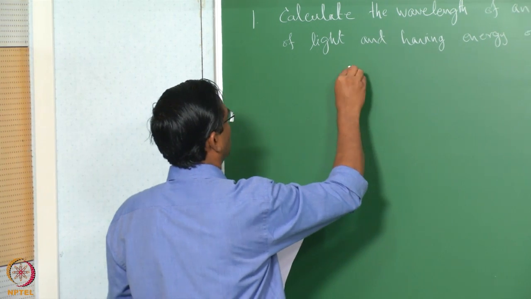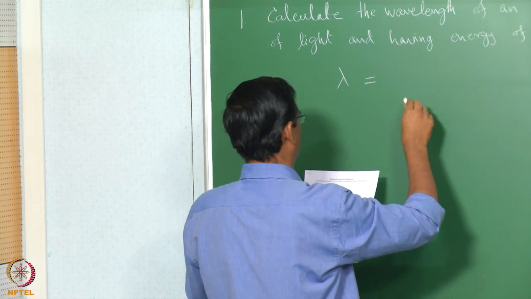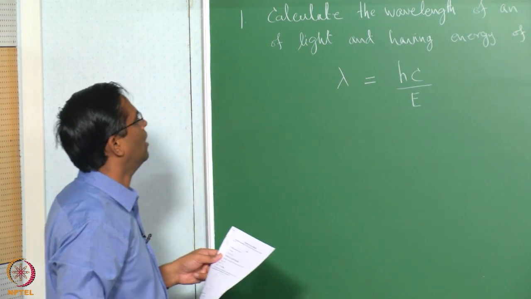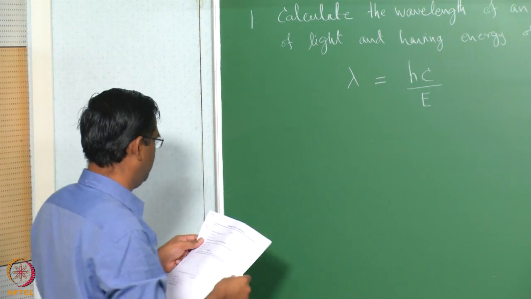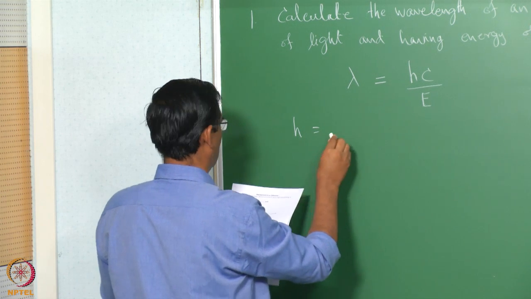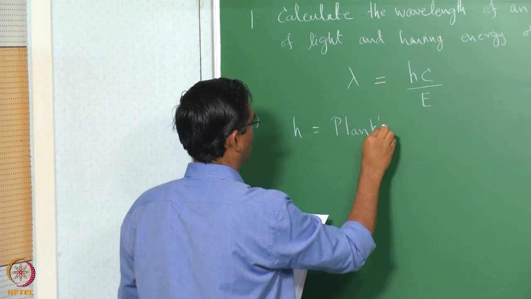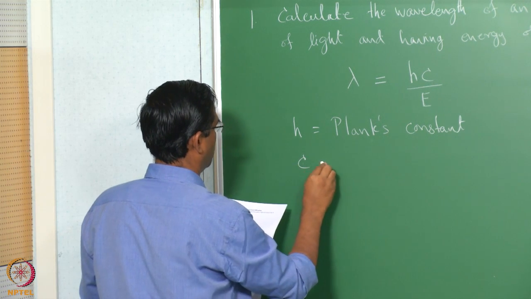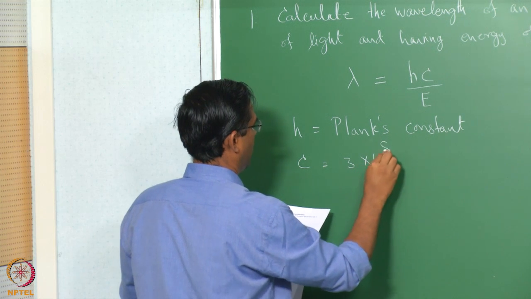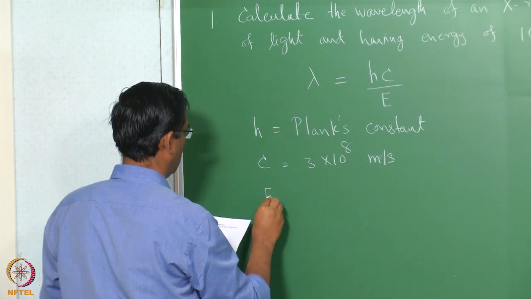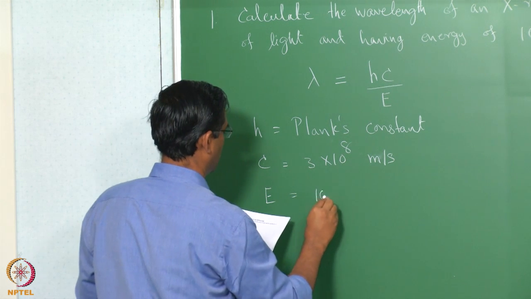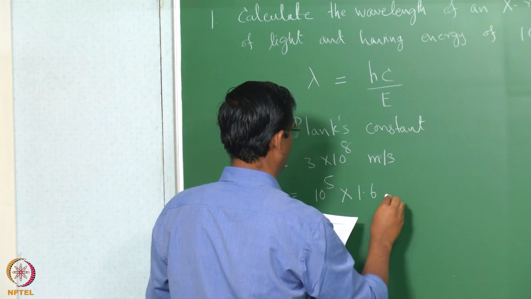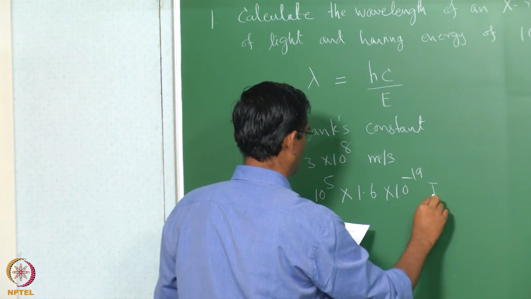You have this relation lambda is equal to hc by E. If we use this relation, we will be able to find the answer for this problem, where h is Planck's constant, c is velocity of light, which is 3 into 10 to the power 8 meters per second, E is 10 to the power 5 into 1.6 into 10 to the power minus 19 joule.